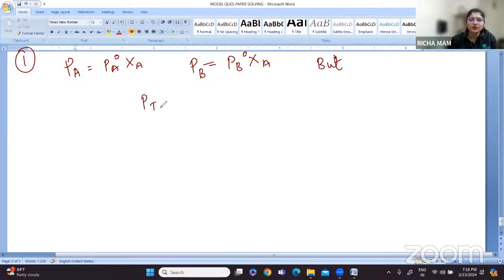Total vapor pressure is equal to PA plus PB. But you know that XA is equal to 1 minus XB.